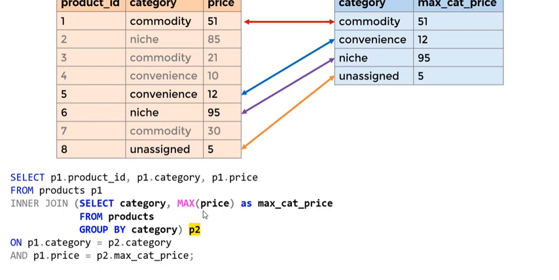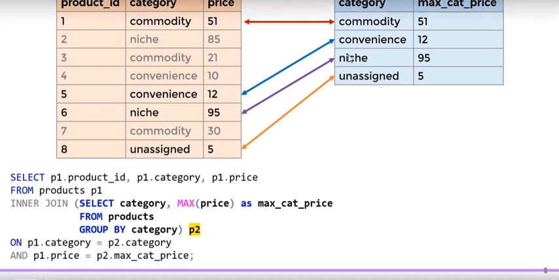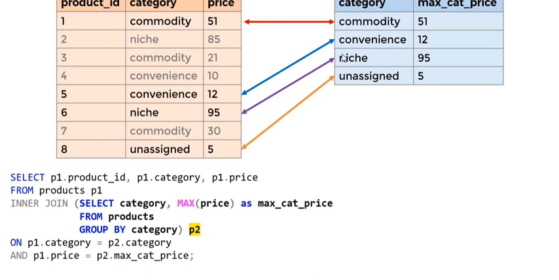With the and operator we give P1.price equals P2.max_cat_price. If it equals the max price, then it gives the max price of the category, right? In that way you can achieve this result. This query returns the same result as the correlated subquery we did before.